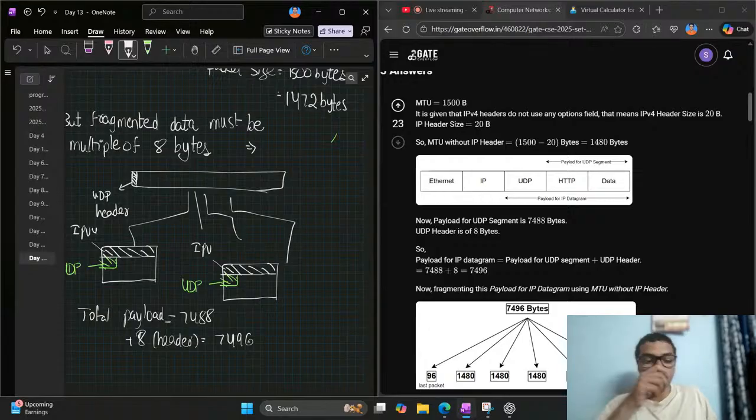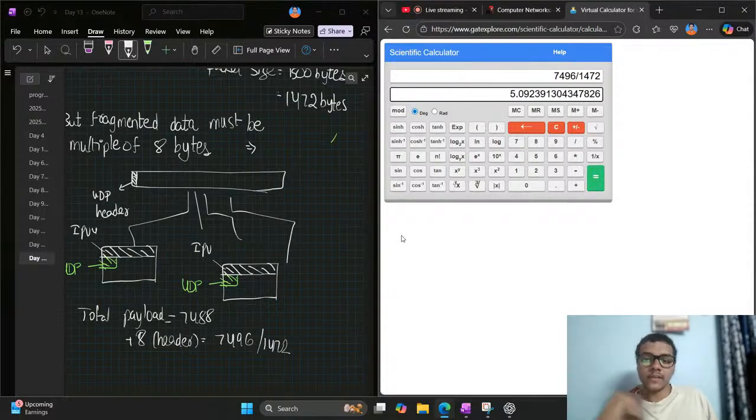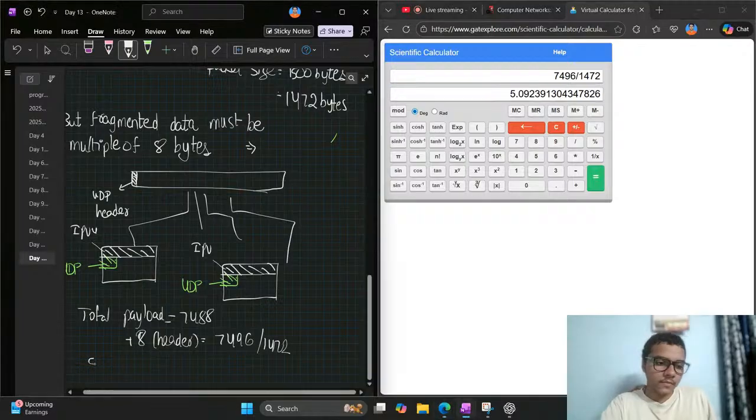And now that needs to be split among 1472. 5 full packets.